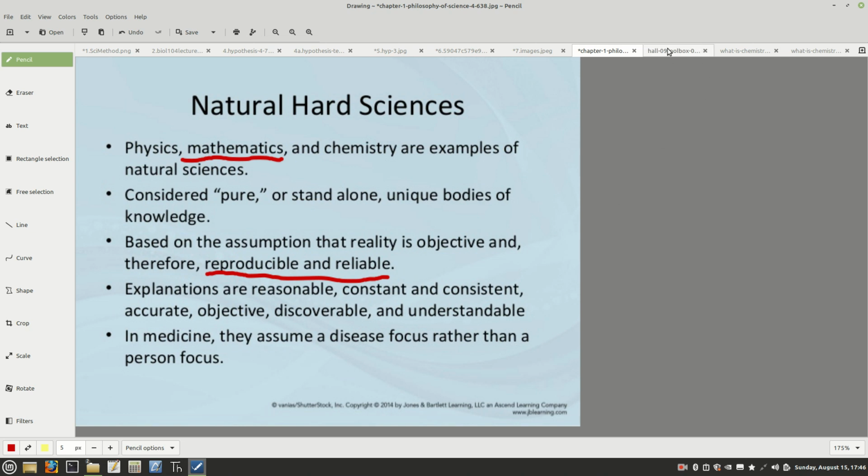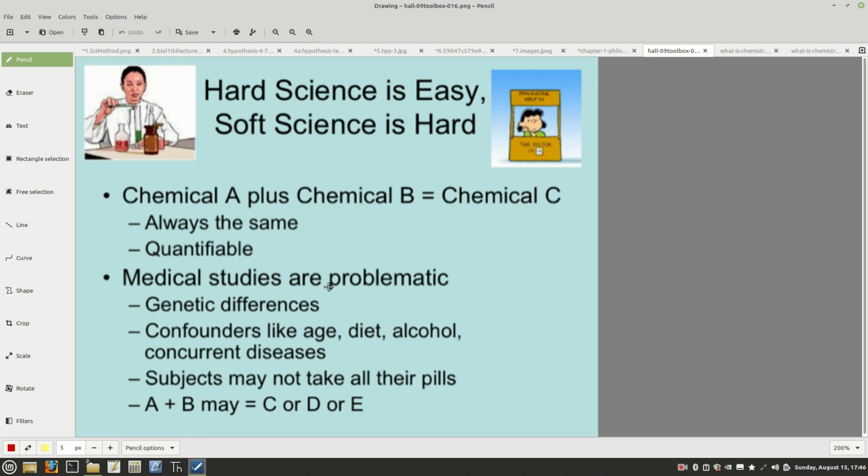Now we move on a little bit. Talk about hard science. Hard science is easy because of these things. You can replicate it, and there aren't any external forces changing your results. It's easy to control the environment in physics and chemistry, but say you get to biology, well, biology has living things in it, and that throws a monkey wrench into almost everything.